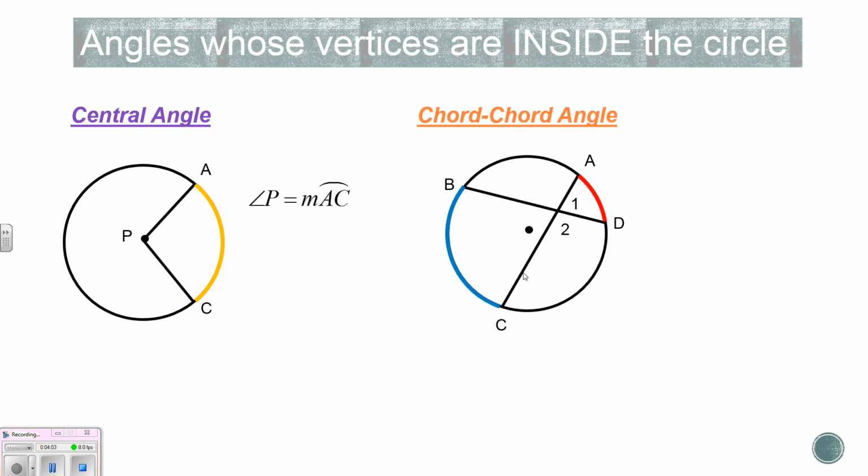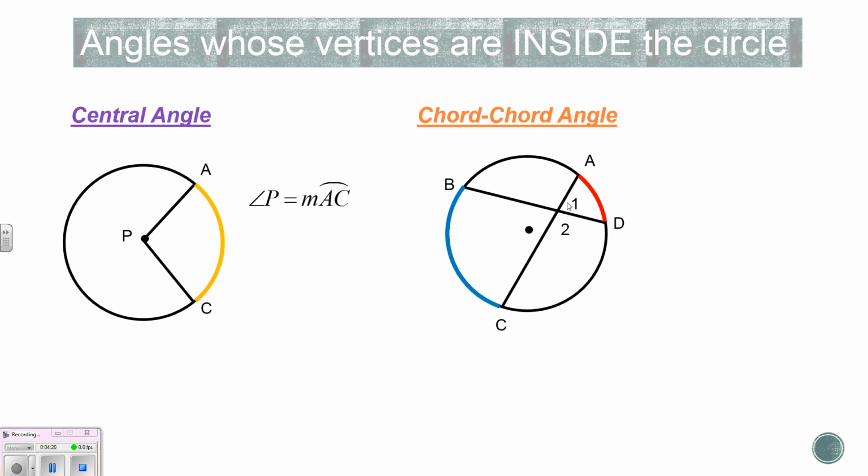Which means you have these two chords, or they could be two secants, right? We call this the chord angle because we really are just looking at these specific chords that we have and how they create these vertical angles.